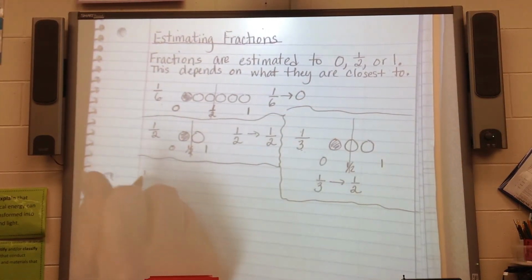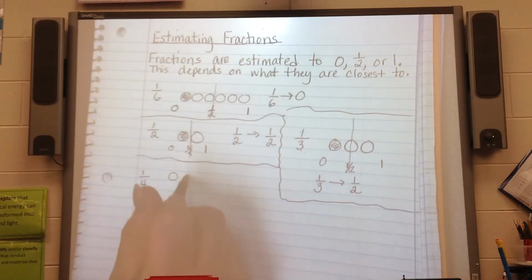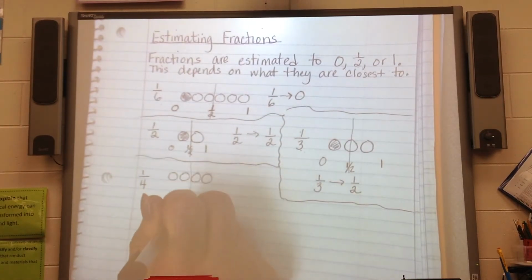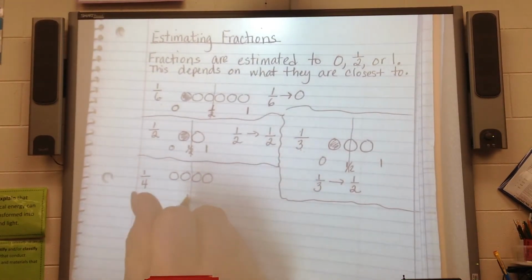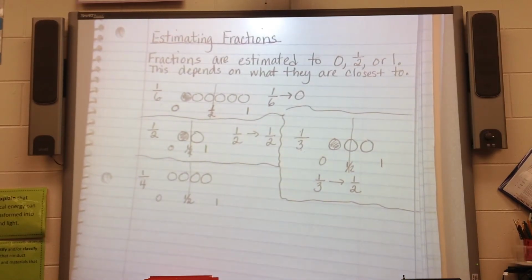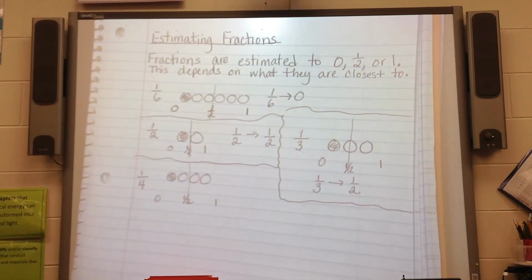So if we do 1/4, I'm going to draw 4 circles. The halfway point would be right in the middle. That's 1/2. 0 down at the bottom, 1 at the top. Okay. And I have 1 out of 4. Well, guess what?